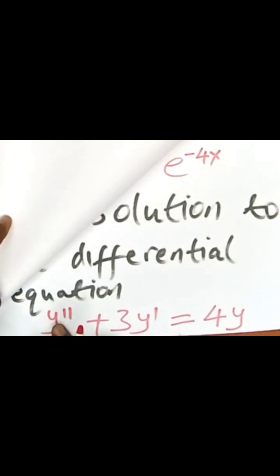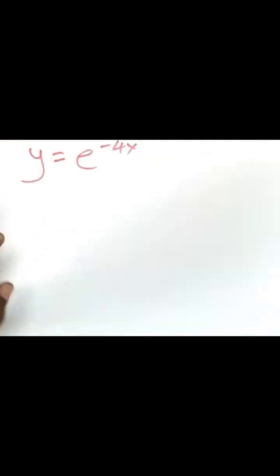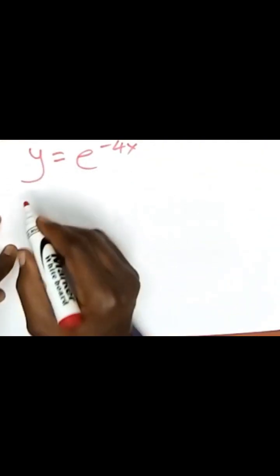Because we have an equation that contains the second differential and the first differential of y with respect to x, the first thing that we need to do is to look for the first differential.